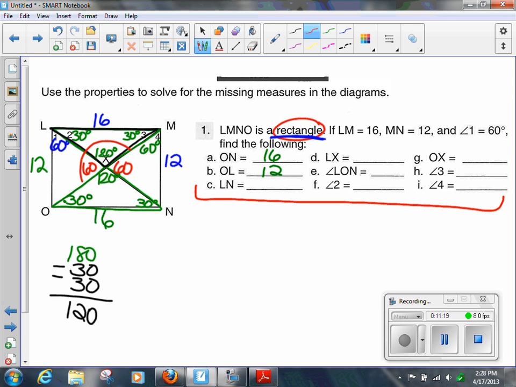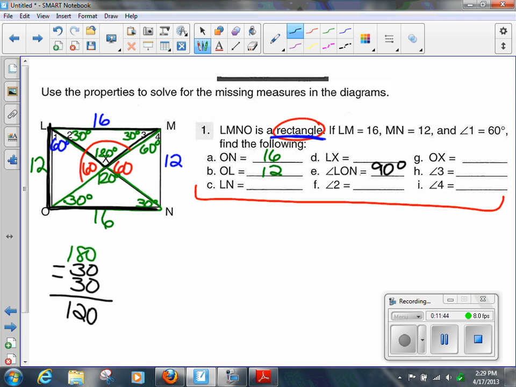Let's see. I still don't have LN. I still don't have LX. LON. Where's that angle? Start at L, O, N. That's 90 degrees because this is what kind of figure? Rectangle. What's angle 2?